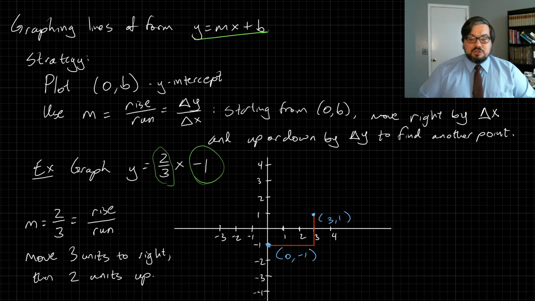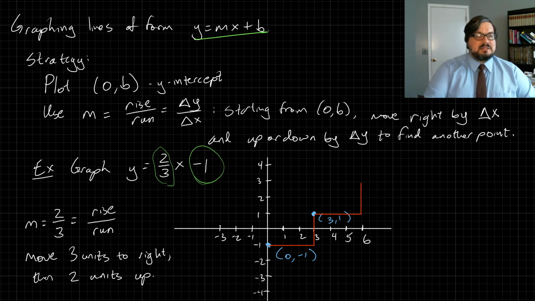Now, technically 2 points is enough to graph a line, but often we want more, especially if we're doing this by hand, just to avoid any errors. So we can do the same thing again. We can continue this process by moving another 3 units over to the right, and then up another 2 units to get to the point (6, 3).